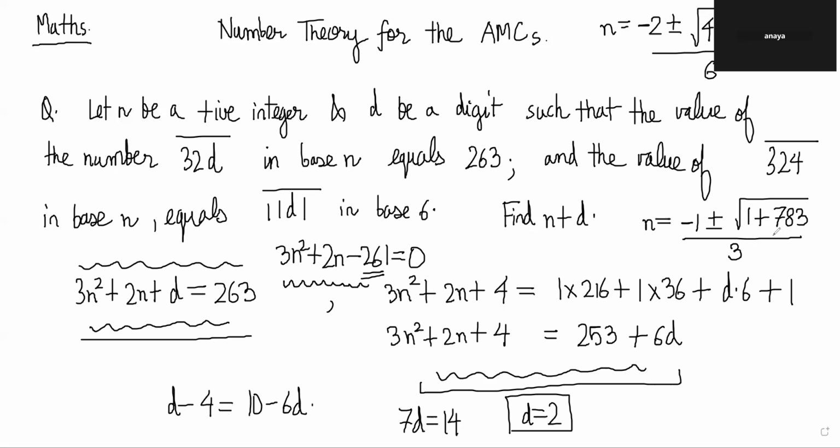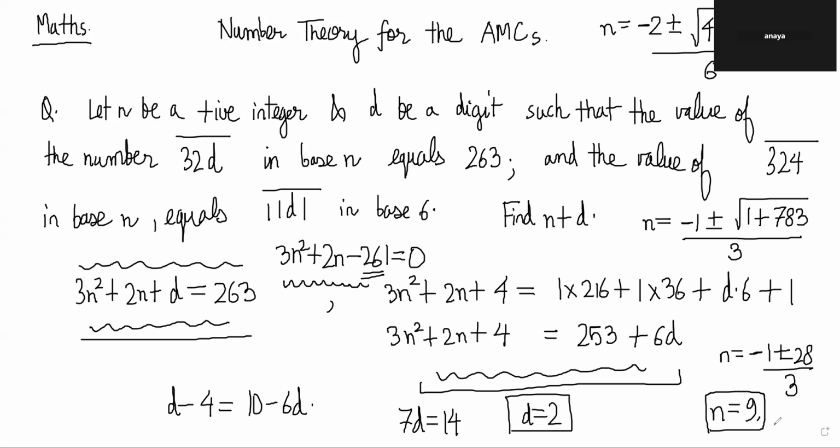This is 784, and 784 is 28 square. So it's minus 1 plus or minus 28 by 3, and you get n is equal to 27 by 3, which is 9.